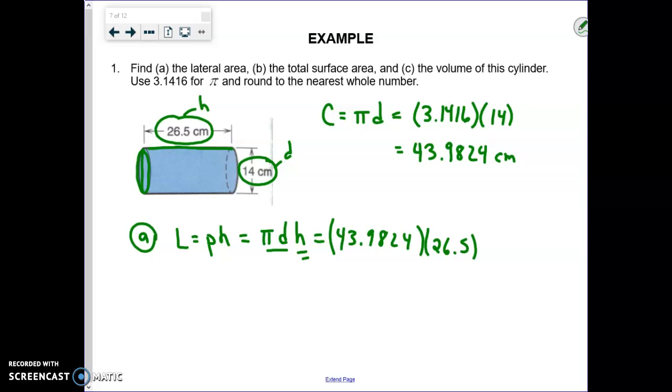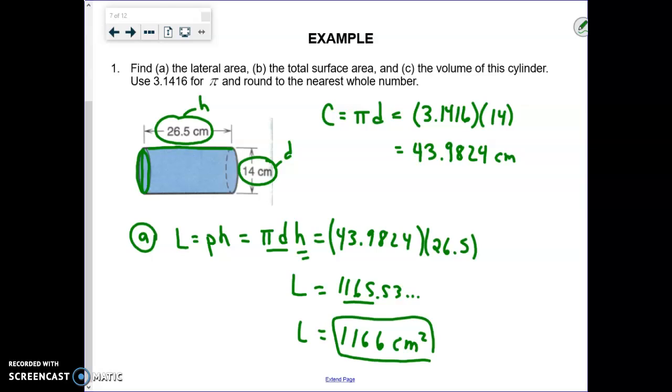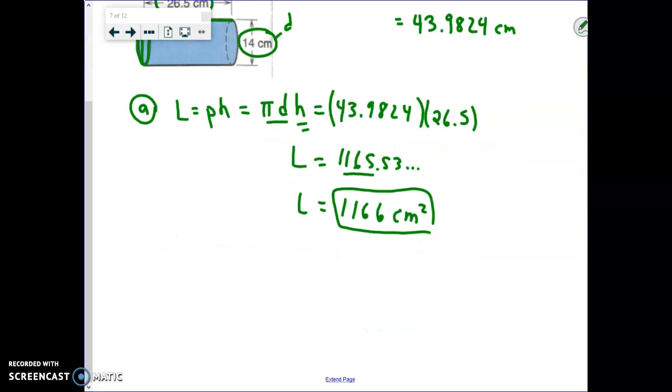And if you do that, then you find out, ladies and gentlemen, that your lateral area is equal to 1,165.53, and so on. It says round to the nearest whole number, so we're going to round there. So basically our lateral area is 1,166 square centimeters. Remember, this is a lateral area. Okay? So that's A, that's the lateral area.